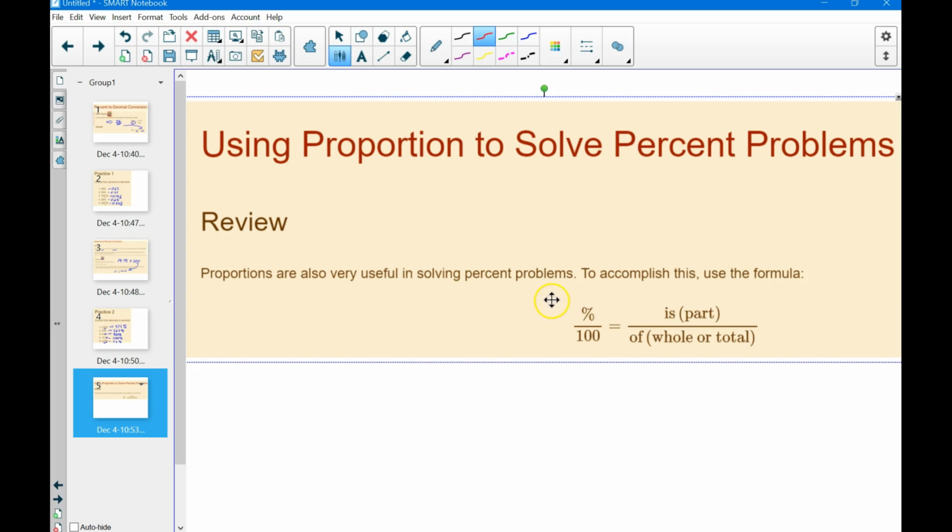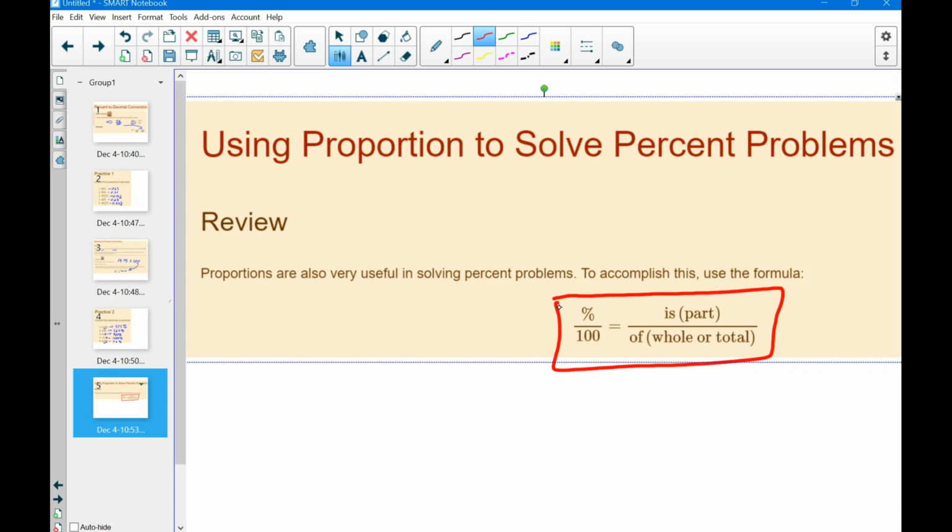This piece right here, that is the key for this part of using the proportions to solve percent problems. Even if you don't memorize it, just ask me, I'll put it on the board or tell you. I don't really worry about memorizing it. But that's the key to solving percent problems.